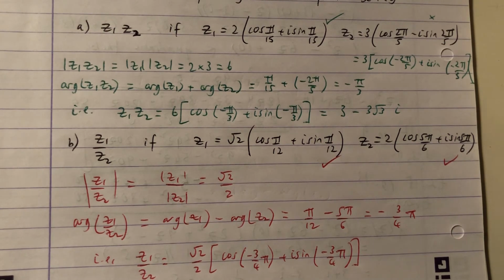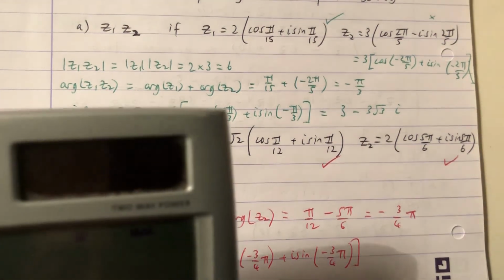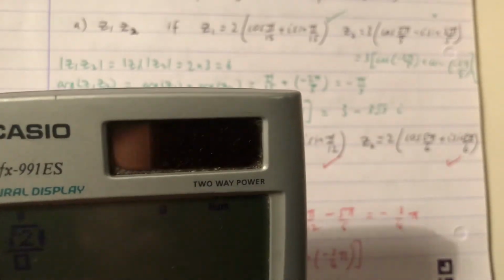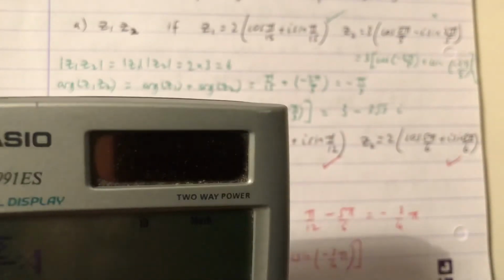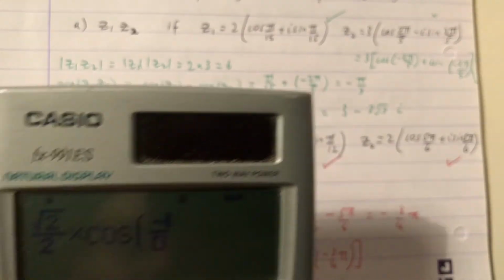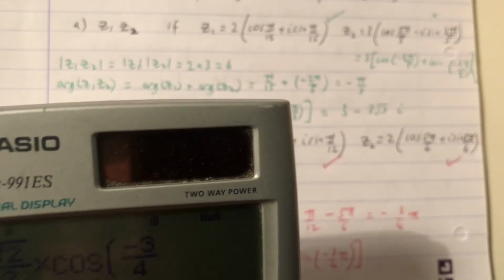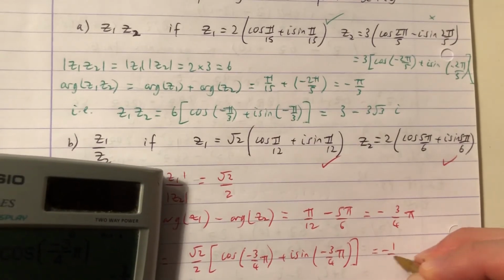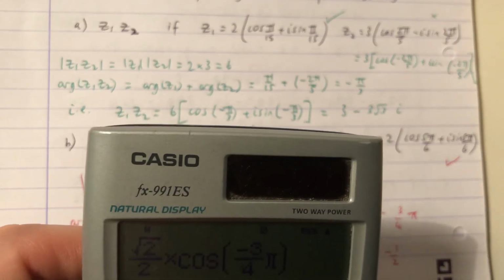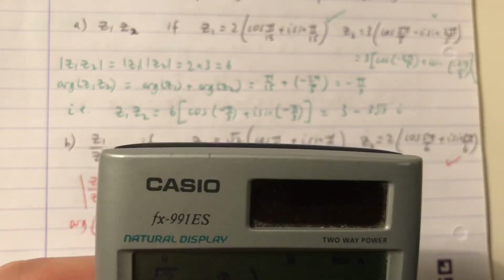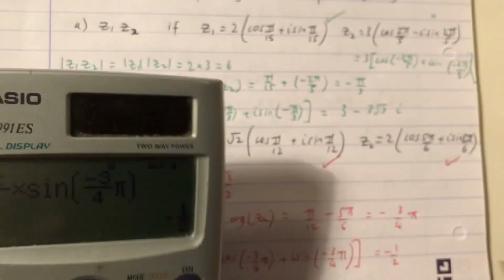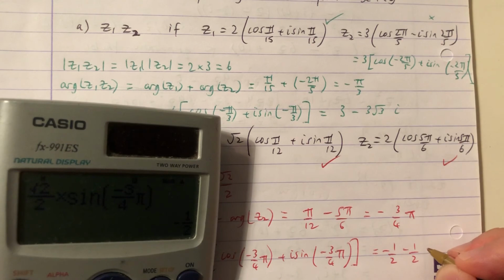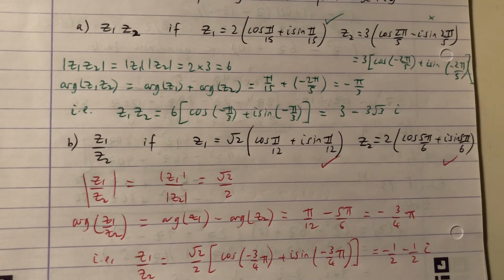And if you want this in the other form, x plus iy, just expand the brackets. Again, you probably should know what that is anyway, but no one likes to show off, so we will just use the calculator. Okay, so that's minus 1/2. If we change that to a sine, minus 1/2 as well, i. And that would be it.